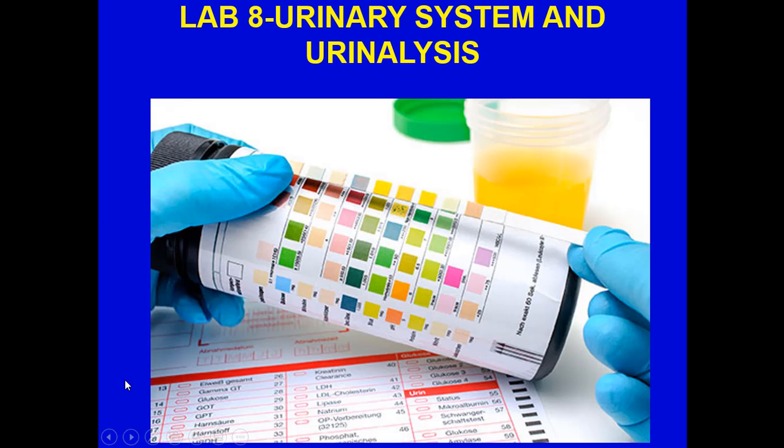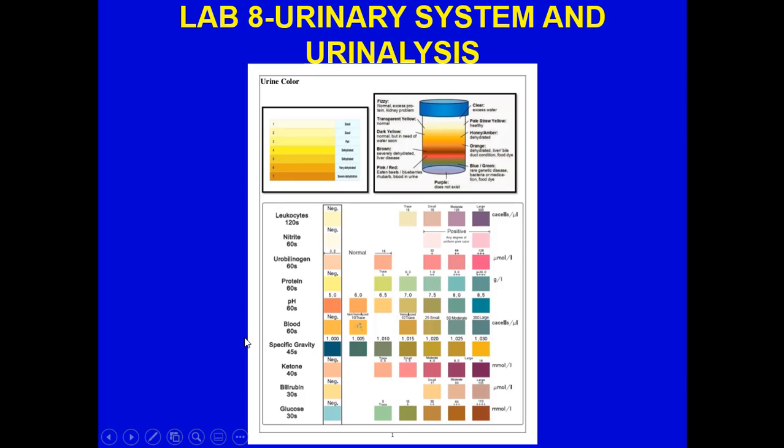And a lot of times this is done right in the office, as you can see here. And so these numbers and these colors will tell you exactly what is the condition for basically all sorts of things, pH, sugar, and a variety of other tests. And you can see this here.